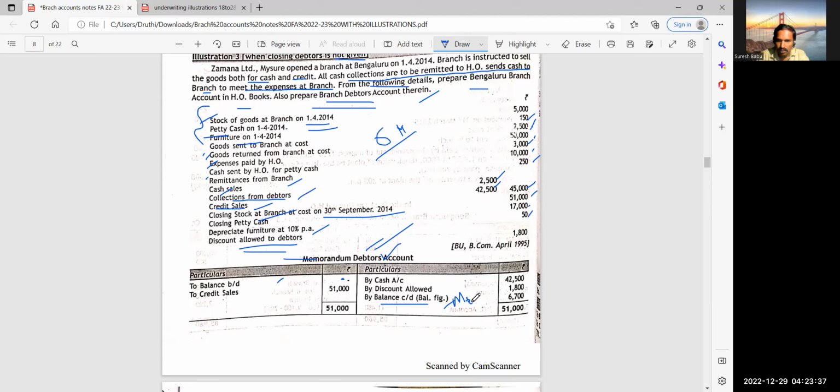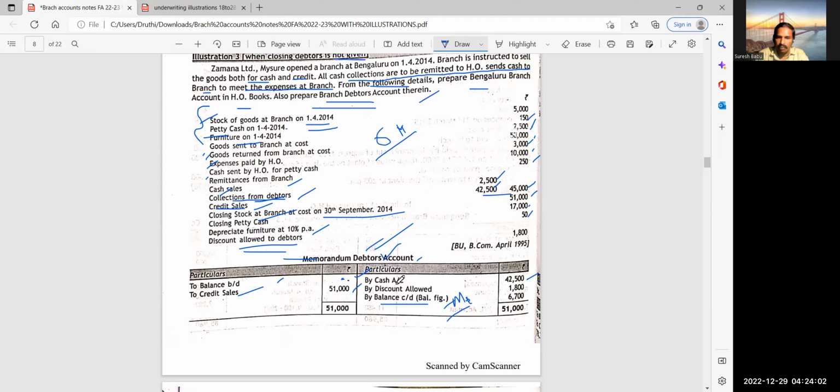So with opening balance nil, in the memorandum debtors account, the first step is to write credit sales on the debit side, because I have shown this in the class itself. There is a format. By cash account, this is the amount received from debtors.